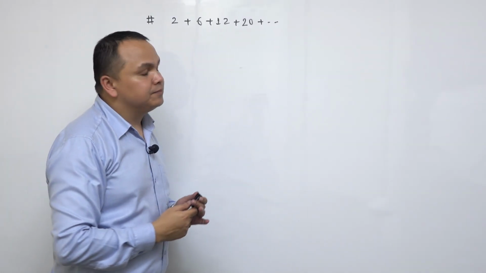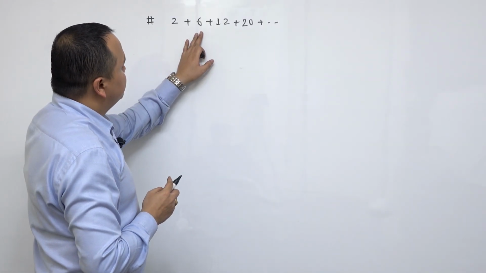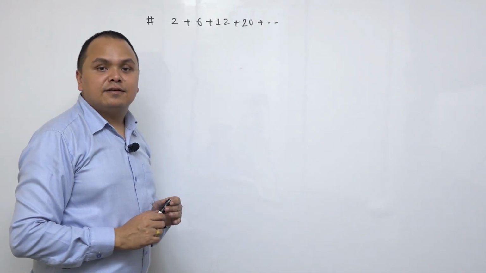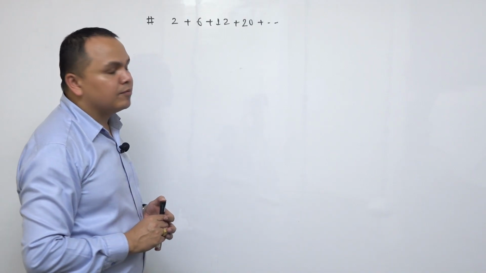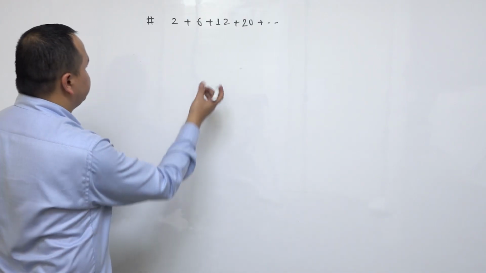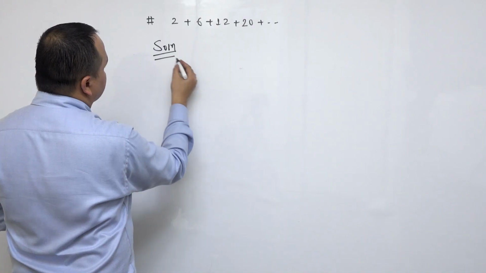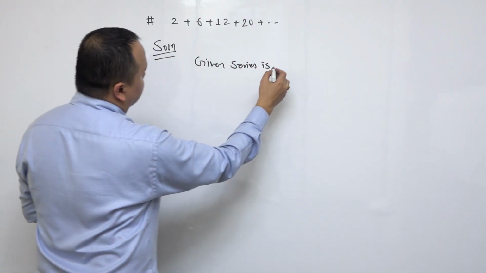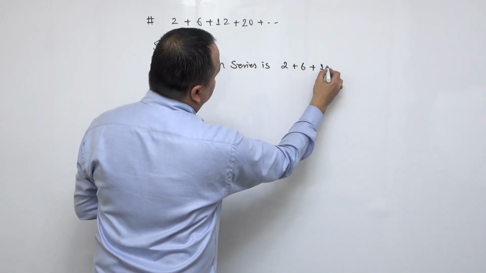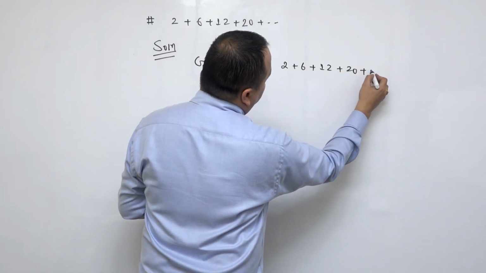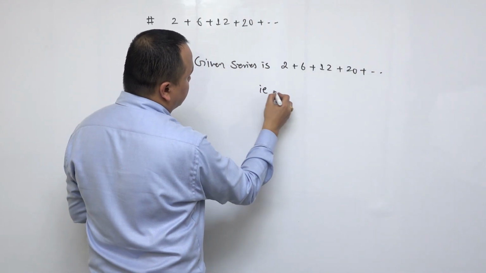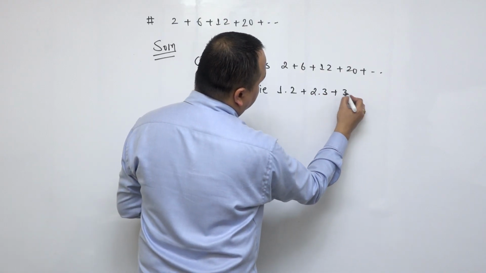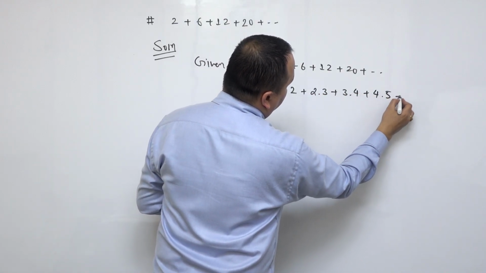Take another example: 2 plus 6 plus 12 plus 20 plus dot dot dot. We need to find the general term Tn and the sum of the first n terms. For this, the given series is 2 plus 6 plus 12 plus 20 plus dot dot, that is 1 into 2, 2 into 3, 3 into 4, 4 into 5 plus dot dot.